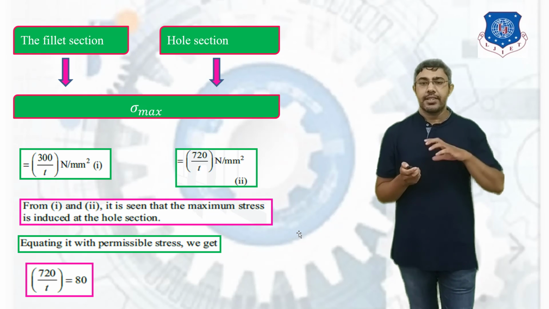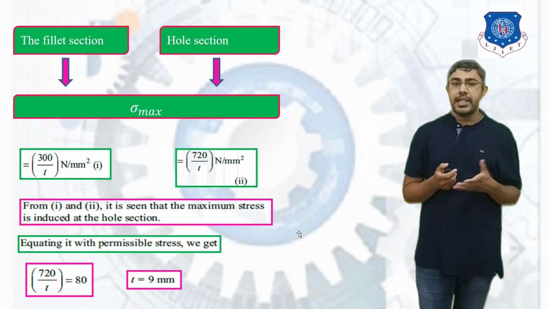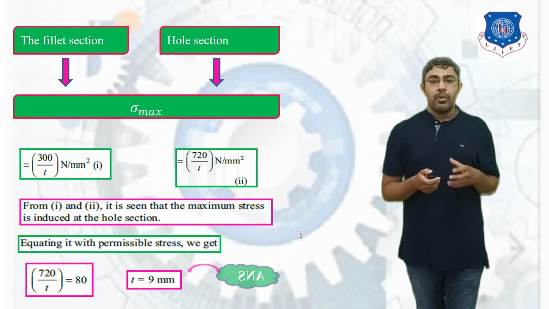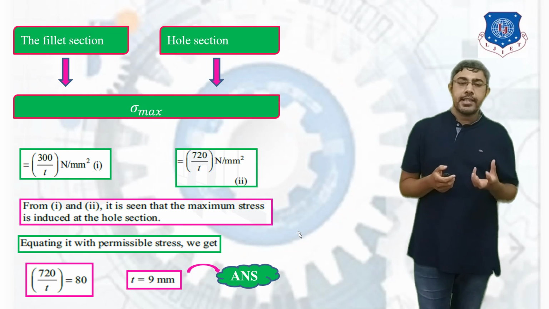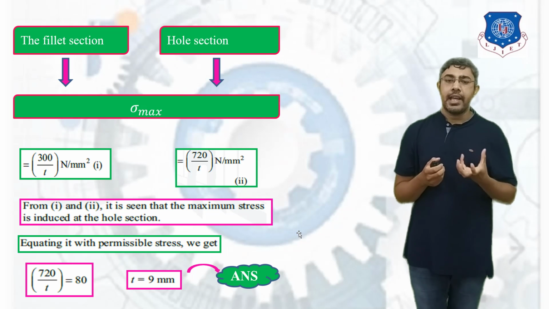If we solve this equation, we get the thickness of the plate T is equal to 9 mm, and that is our answer. So according to this configuration, the value of thickness is 9 mm.